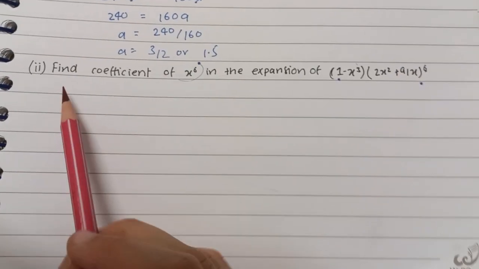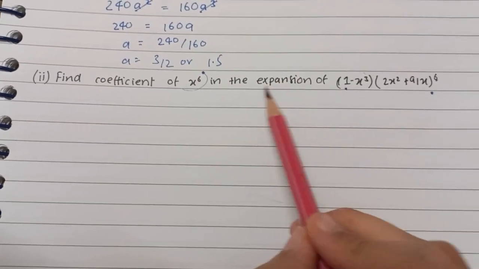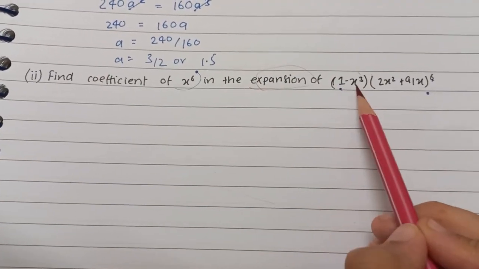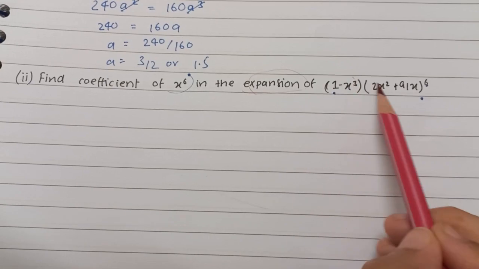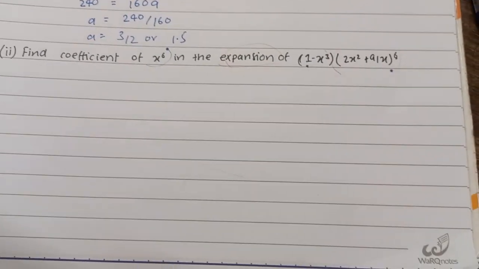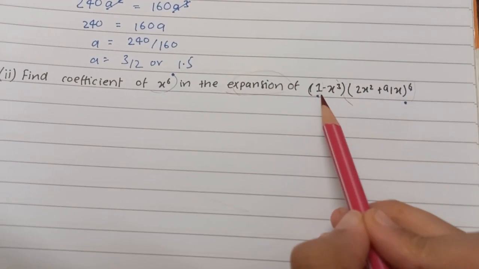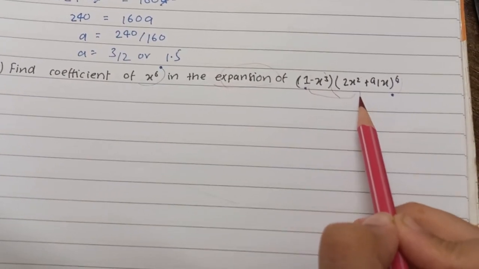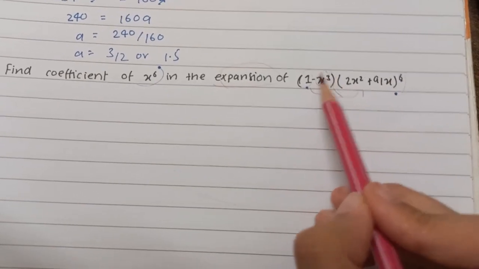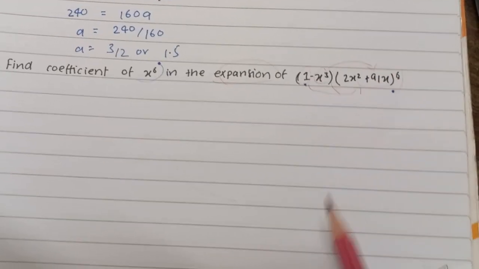Okay, so for the second part, it says find the coefficient of x raised to the power 6 in the expansion of (1 minus x³) multiplied by the expression that we had before. What we need to understand over here is that the 1 is going to multiply with one of the values in this bracket, and then minus x³ is going to multiply with one of the values that we get from this.